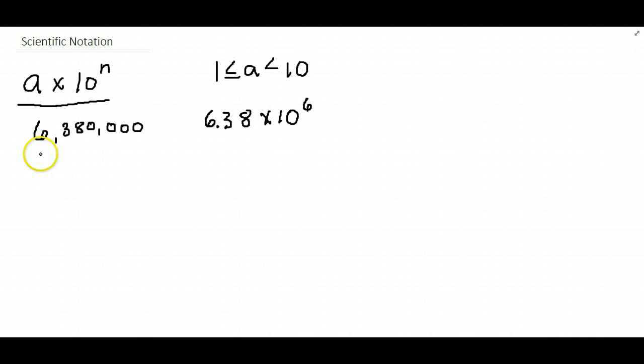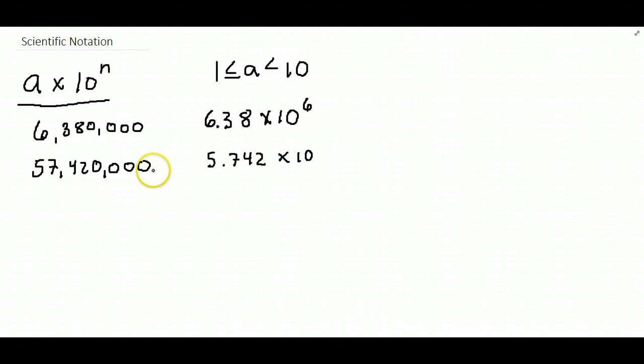Okay, so let's try another one. 57,420,000. Okay, so now let's put this into our formula where A is greater than or equal to 1, less than 10. So that would be 5.742. So we have all of our numbers in there. Now let's look at the powers, what we need to put on our 10.